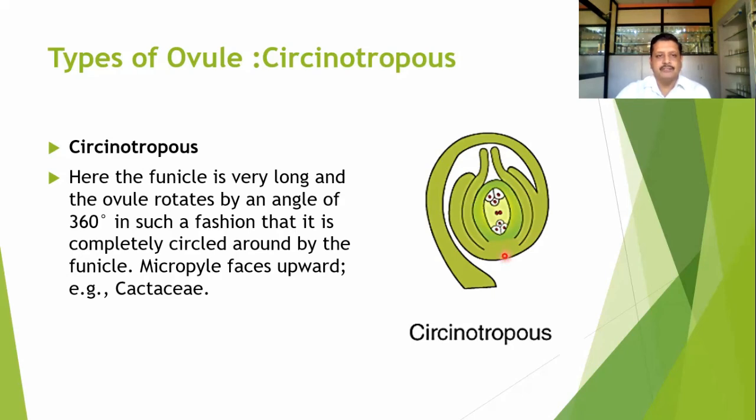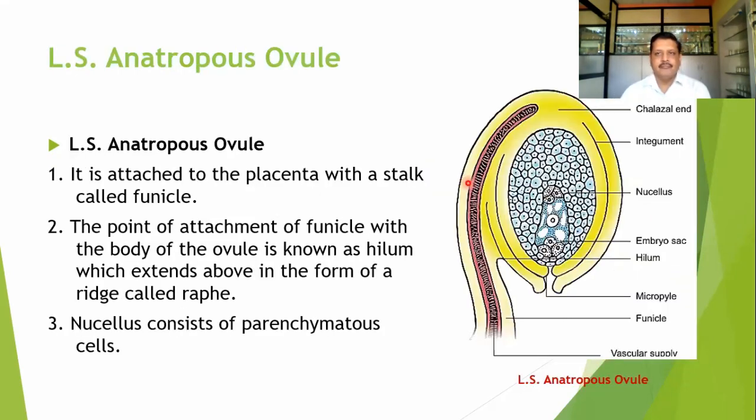Because of that, the micropylar end faces upward, and this type of ovule is found in the family Cactaceae. So it is the Circinotropus, meaning the almost circular type, known as the Circinotropus ovule.